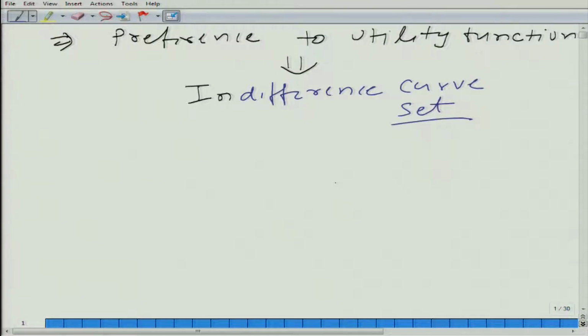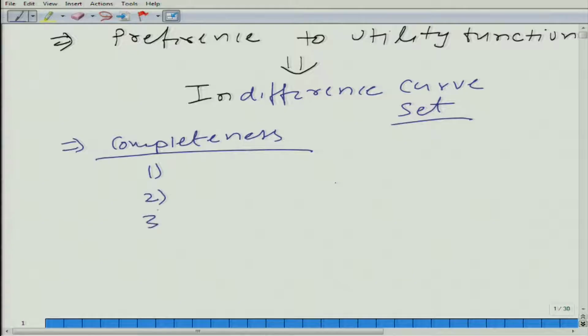When we talked about completeness, we learned that if your preference satisfies completeness, then one of these three statements is true. What are those statements?